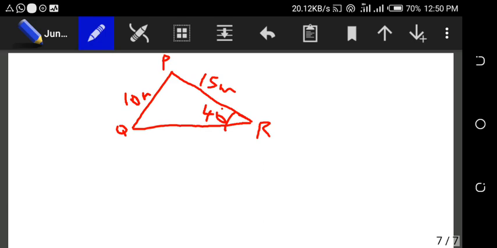So we have to find the value of angle PQR. Remember that the angle is always at the middle letter. In other words, we're looking for the value of Q, that is here. That's what we're looking for. Find PQR. So how do we solve this?